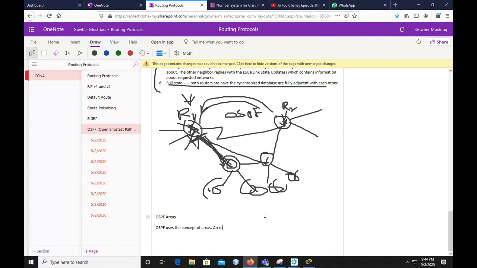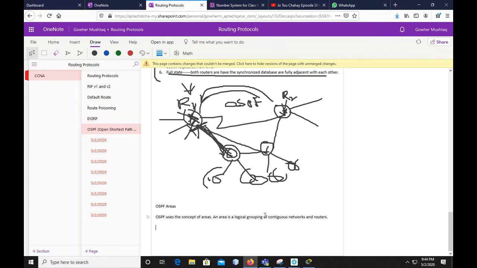An area is basically a logical grouping of contiguous networks and routers. It's logical, not like physically saying this particular room is my area, there's a lobby.